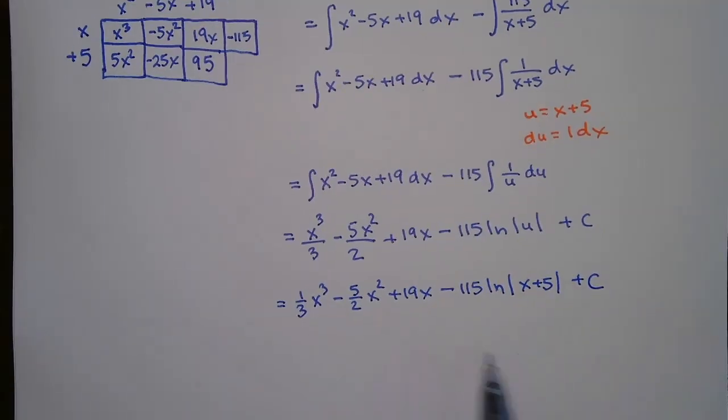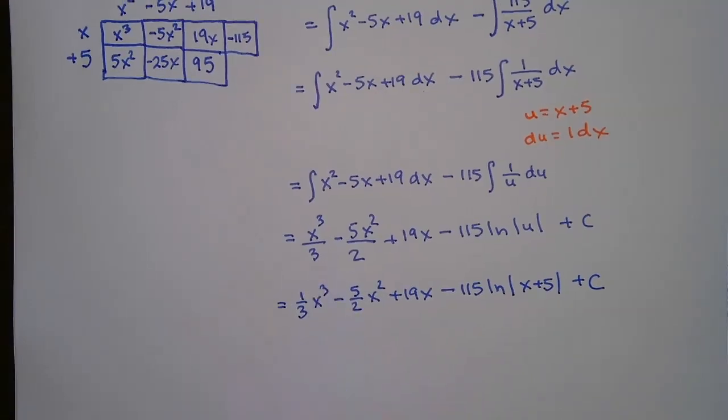And so I just want you to understand, you could write this as 1/3 x cubed, or you could write it as x cubed over 3. Either way works for me, okay? It's just whichever way you prefer, okay? All right, and that's example 5, and we use long division to do it, okay?